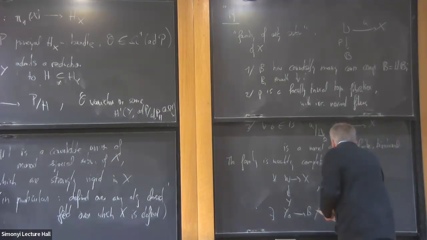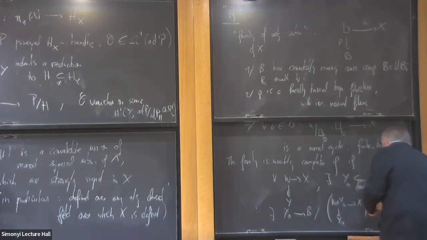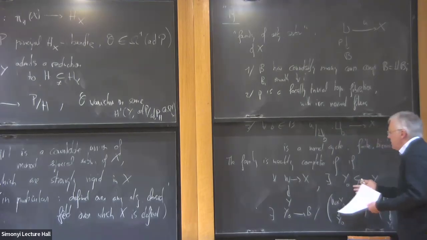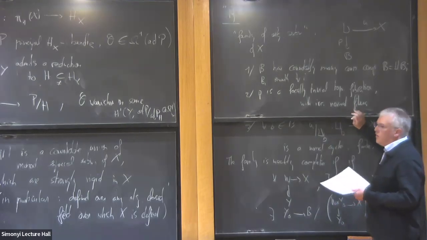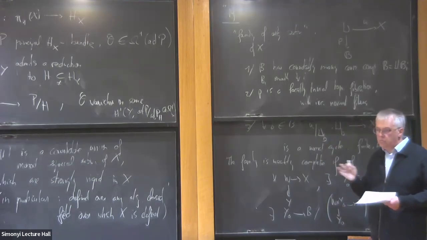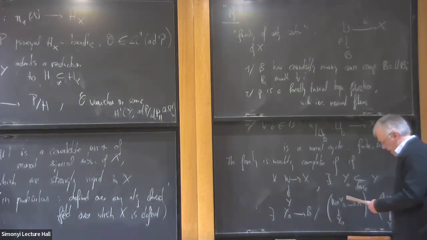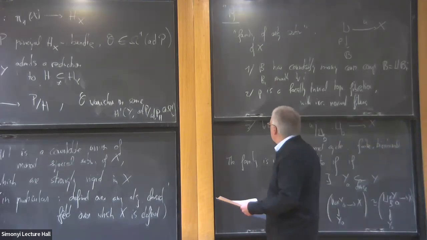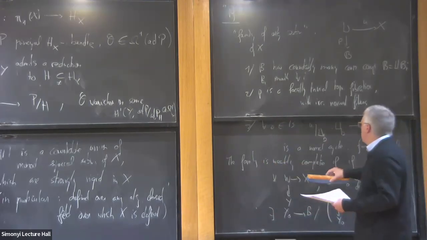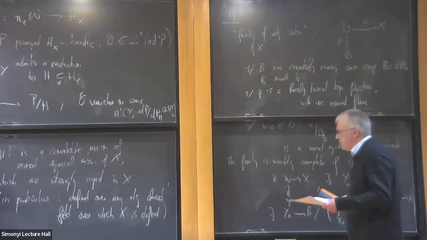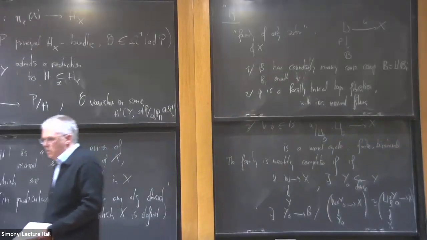So weak completeness means that in some sense, this family testifies for all possible irreducible families of subvarieties. Okay. So you have to think that if you have a weakly complete family, it really parameterizes all possible deformations of all possible subvarieties of X.